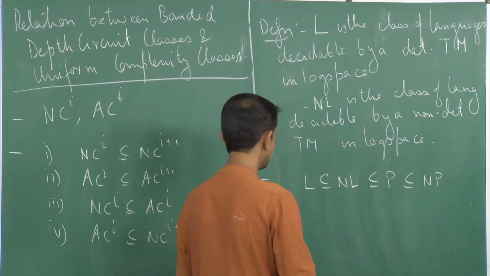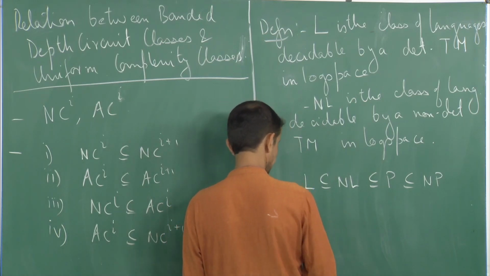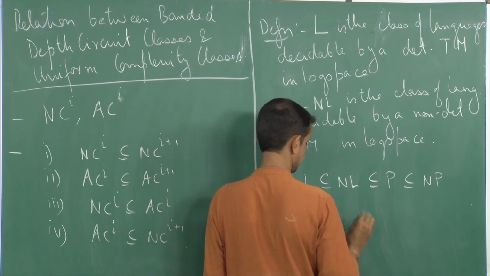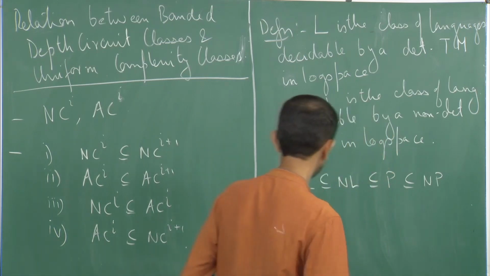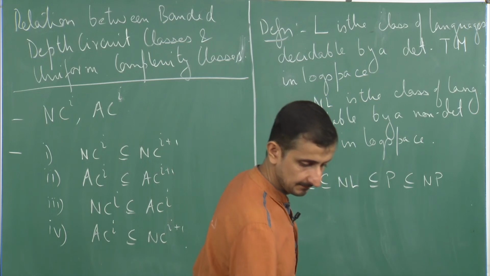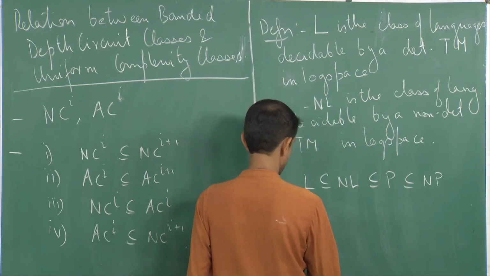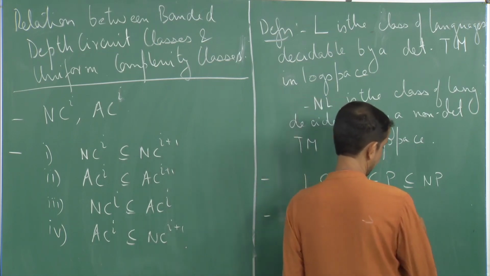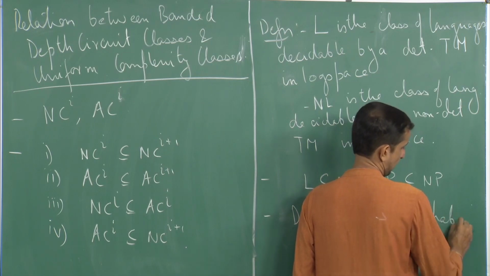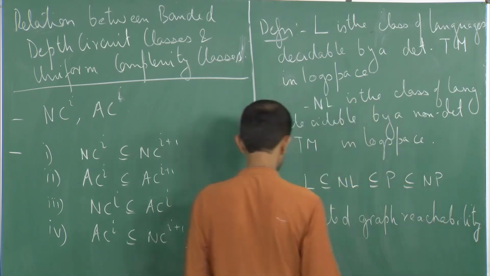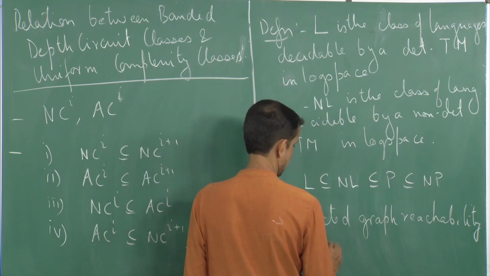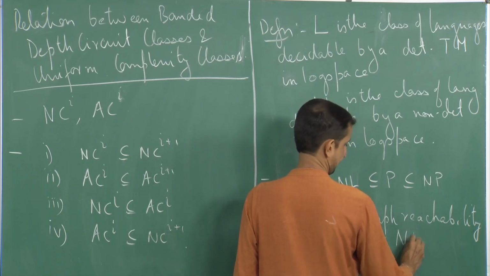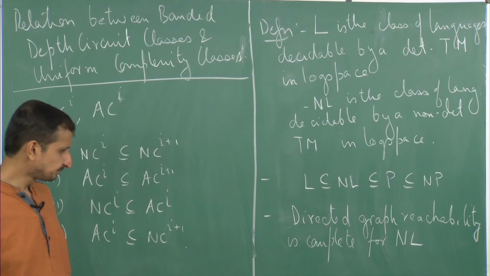Okay. And one more result that we will be using, again this is a well known result, that directed graph reachability is complete for the class NL. Okay.